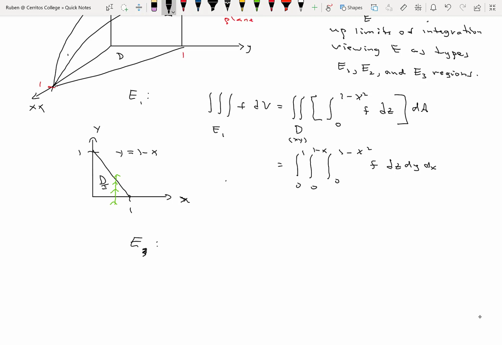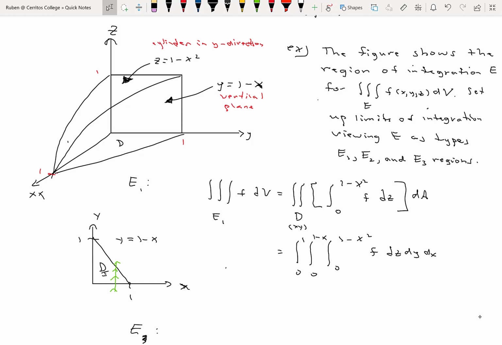Type 3, the type 3 region has a surface on the left and a surface on the right. So let's take a look at our surface. The surface on the left is in the xz plane. Oh, now I got rid of both. The surface on the left is the xz plane.